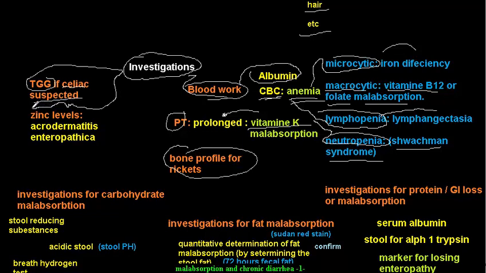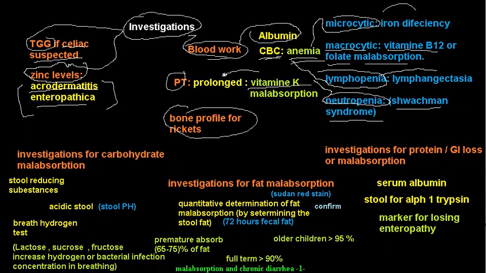Okay, zinc levels, because of acrodermatitis enteropathica. Enteropathica lesion is associated with zinc deficiency. So you have to look for zinc levels, blood, CBC, bone, PT for vitamin K, and zinc level.